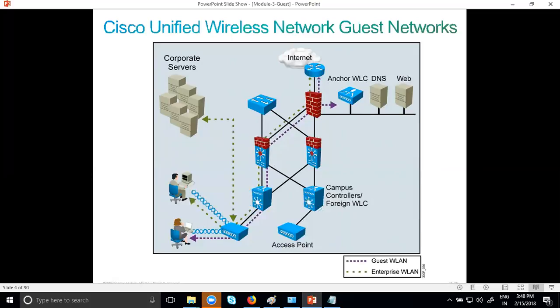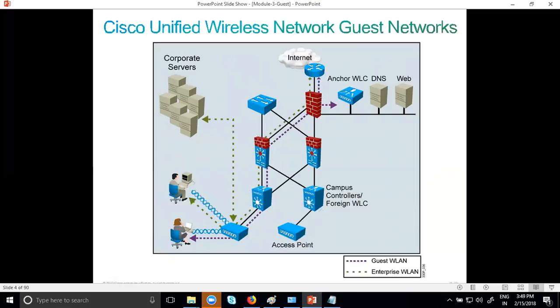It is placed behind the firewall, because we have no idea what action is going to be taken by your guest user. That guest user can be a rogue user, a hacker, or an attacker. So most of the time, if any unknown user or guest tries to access your Wi-Fi, you process their SSID directly by the anchor controller, which is in the DMZ zone.